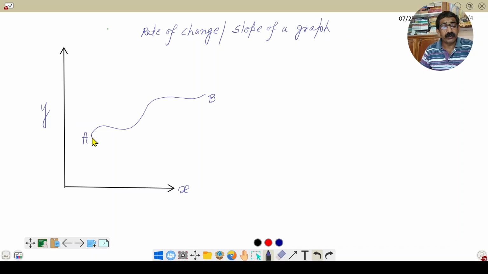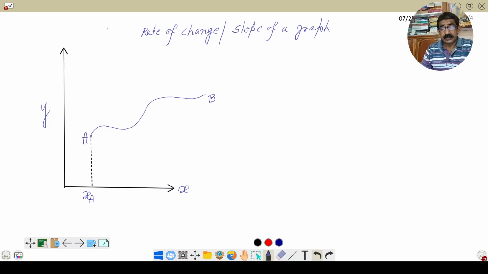Suppose the value at A is xa. That means the value of x corresponding to the point A is xa.